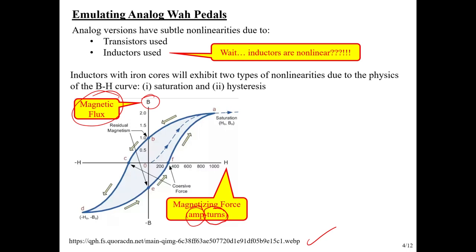So the magnetizing force is the H variable. That's the thing that we control by shoving current through an inductor with a certain number of turns. The number of turns in this setting isn't really controllable, so we control the magnetizing force through the amount of current that we put through it. And then the amount of inductance that we get is set by the resulting magnetic flux.